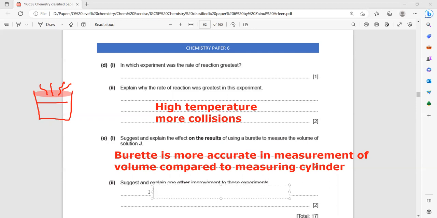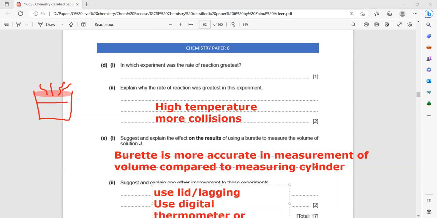So we can use a lid or lagging, or we can also use a digital thermometer or a stopwatch. Is this question clear?